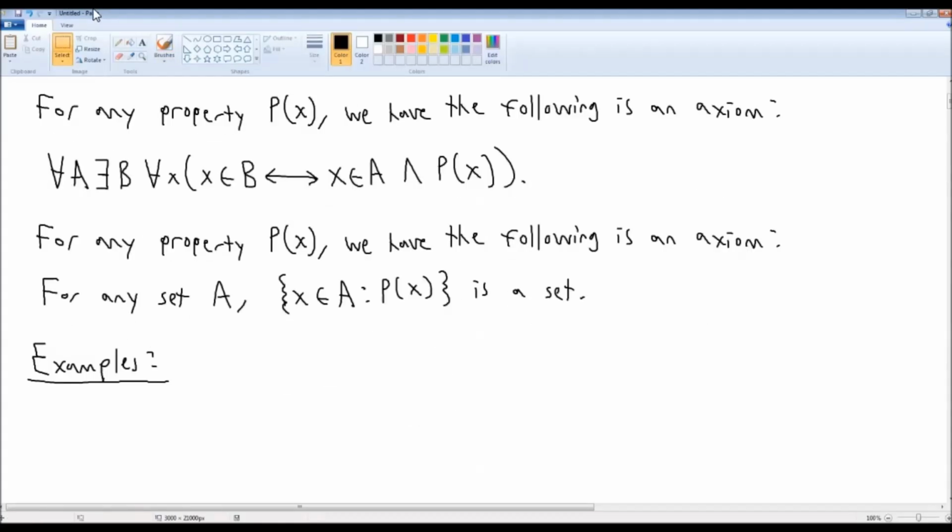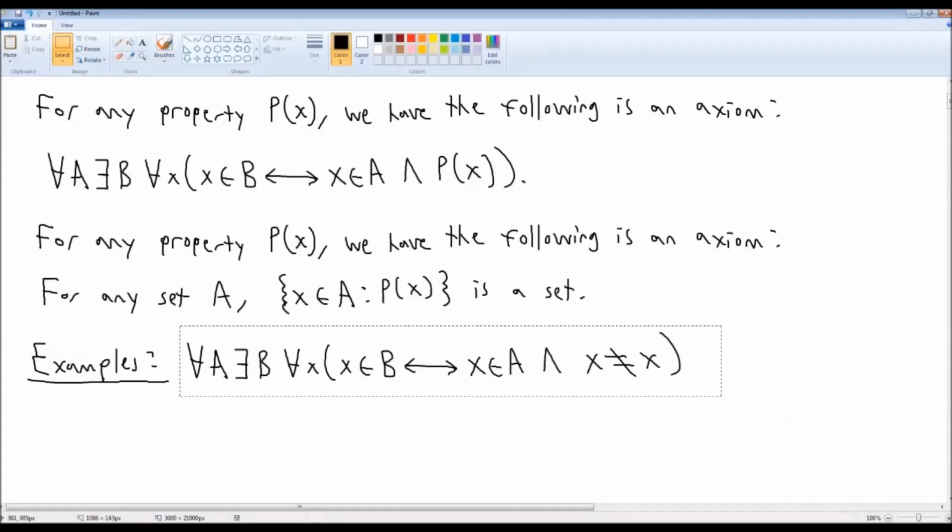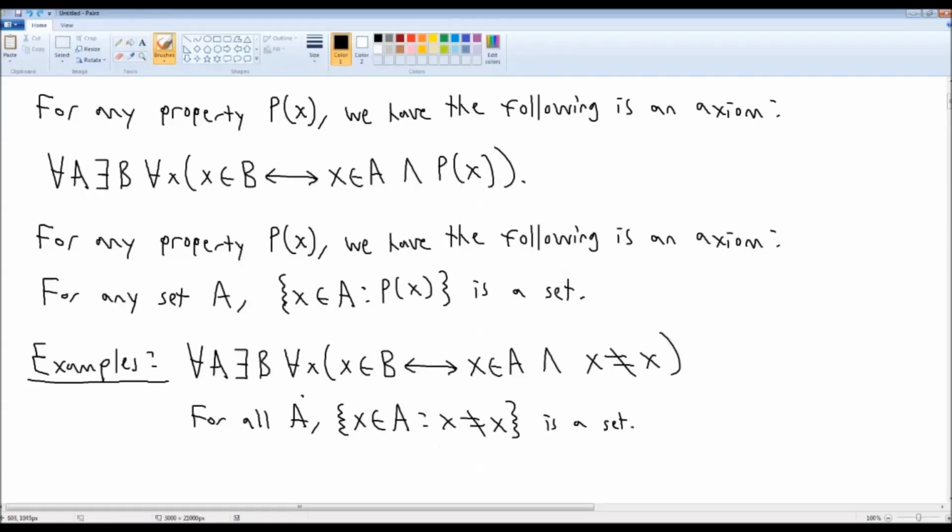Let's look at some examples, shall we? This is an axiom of set theory. Here we substituted the formula X is not equal to X in place of P of X. In other words, for any set A, this set exists. Note that this set has no elements since nothing can be not equal to itself.